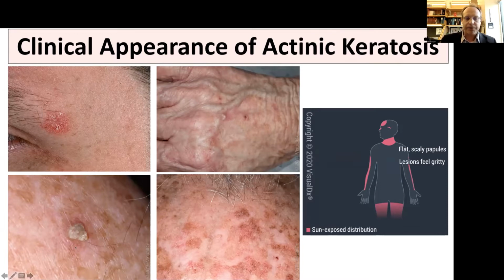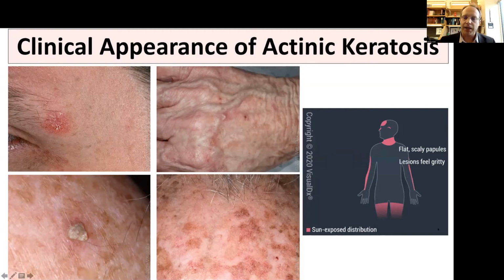In the bottom left, there's an even more hyperkeratotic pink papule. And then in the bottom right, I show an image of these pink-brown actinic keratoses, because I want to emphasize the point that actinic keratoses can be pigmented and have a brown color, just like sometimes we have pigmented basal cell carcinomas.